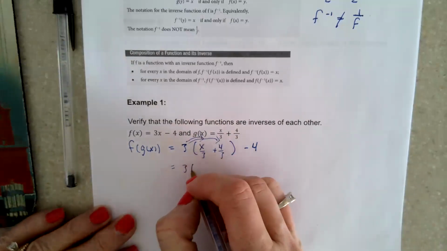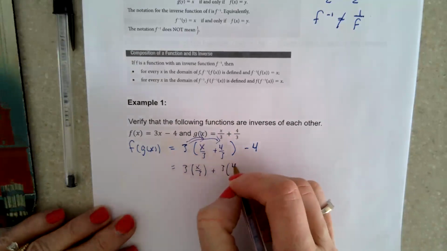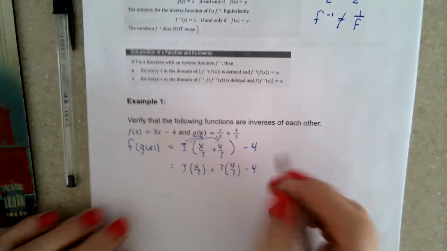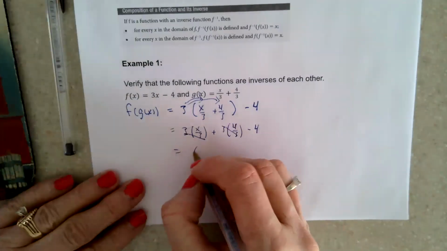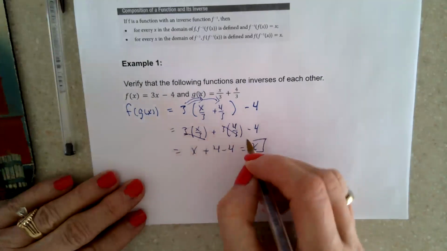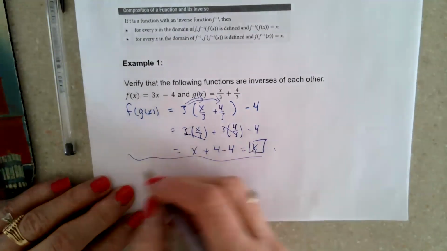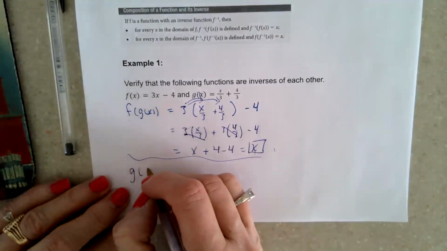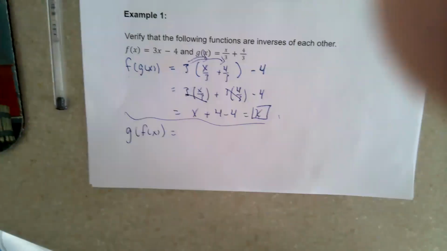So you need to show that this gets distributed. The 3's cancel and we have x plus 4 minus 4 equals x. So f composed with g has to equal x. And likewise, g composed with f also has to equal x.